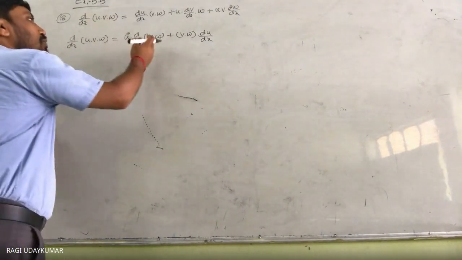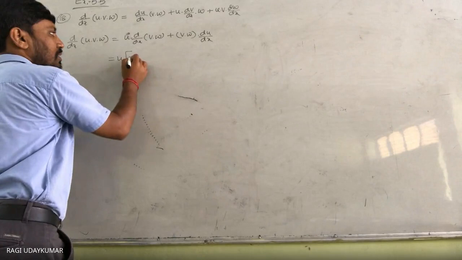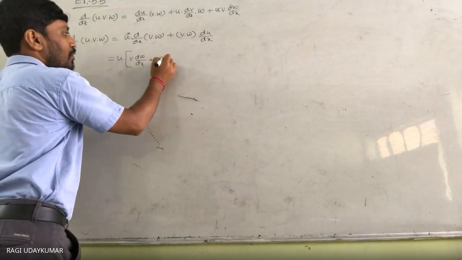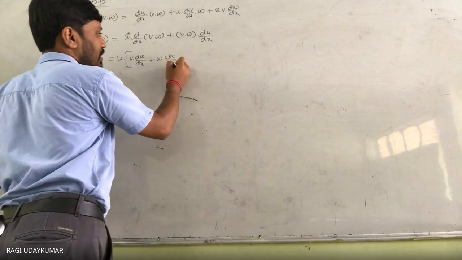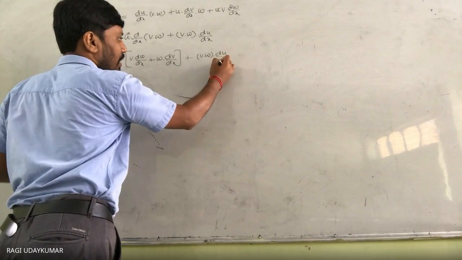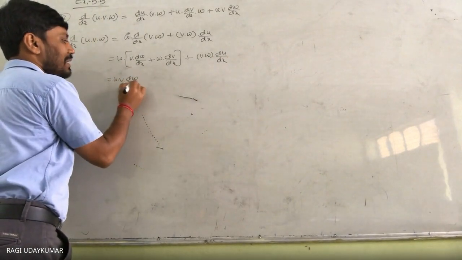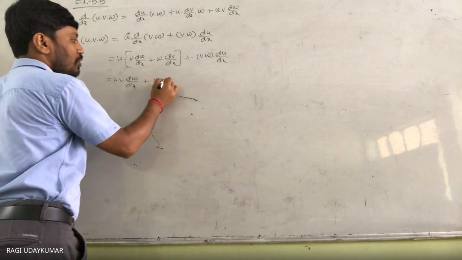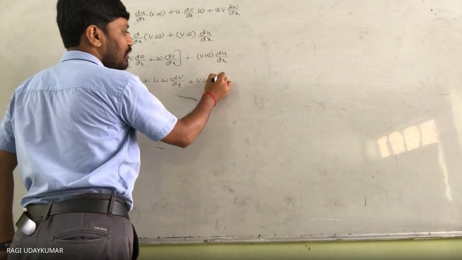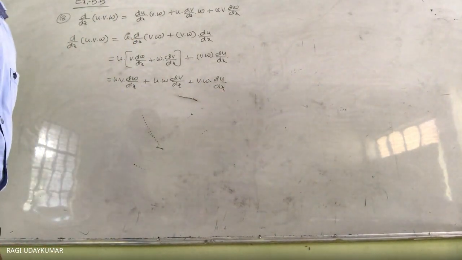Okay, so again you need to apply the product rule here. ये दोनों में product rule है. v into dw by dx plus w into dv by dx plus vw into du by dx. तो ये multiply करो, u into v into dw by dx plus u into w into dv by dx plus v into w into du by dx. That's all. Nothing is there. That is only asking you to prove here.